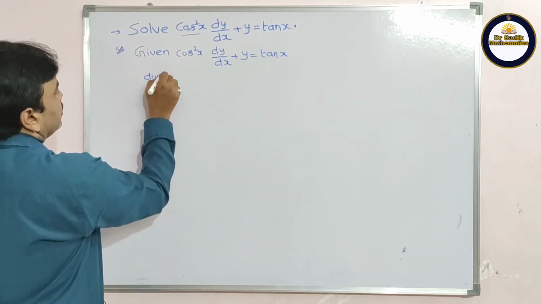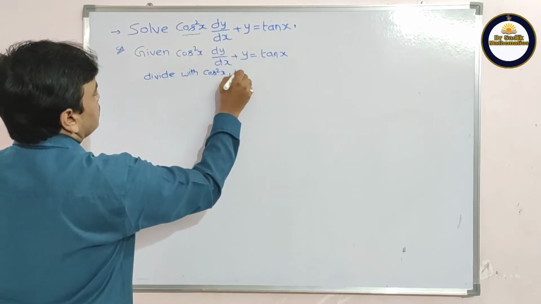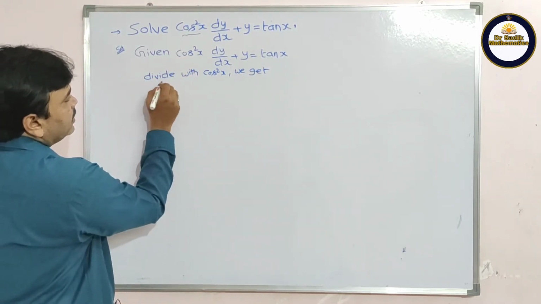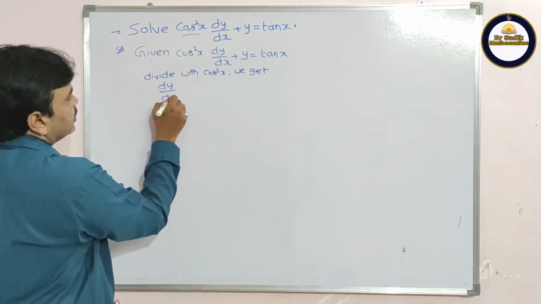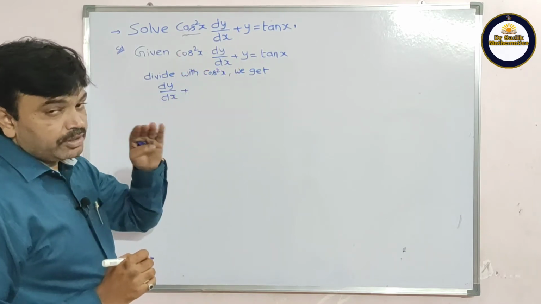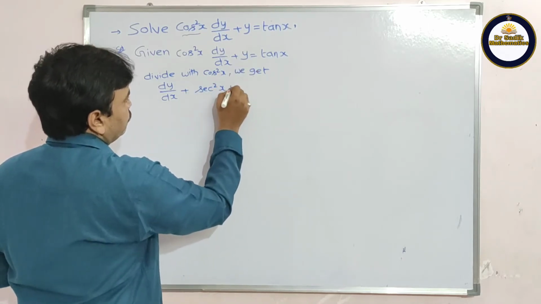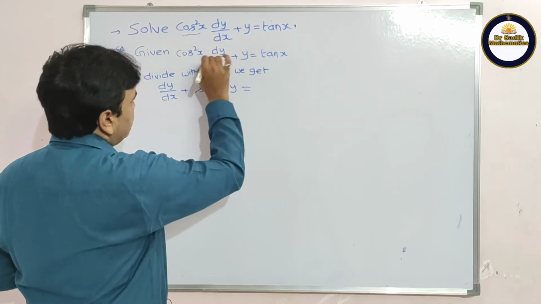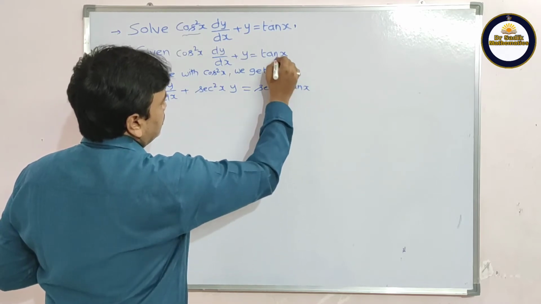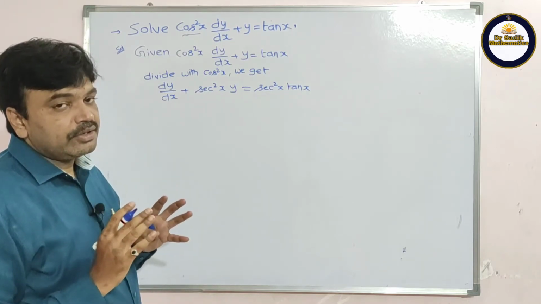Divide with cos square x, we get dy by dx plus 1 by cos square x, friends. 1 by cos square x means secant square x, into y, is equal to, here also we get 1 by cos square x, that means secant square x into tan x.